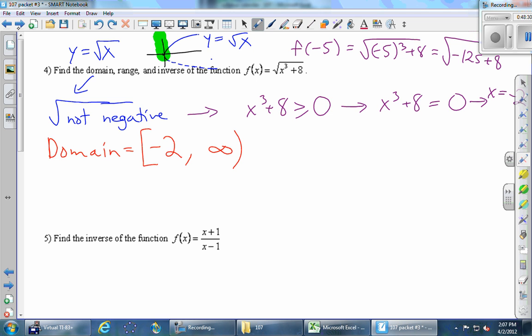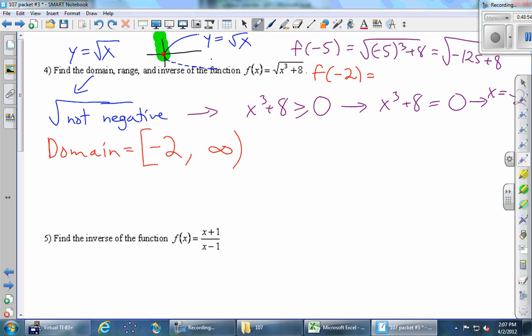If you plug -2 into the function, f of -2, what do you get? You get 0. So that's our bottom. We're still going to get y equals 0. And then if you wanted bigger and bigger numbers, you could just plug in bigger and bigger x's. If you plug in x equals 2, you'd have some square root.